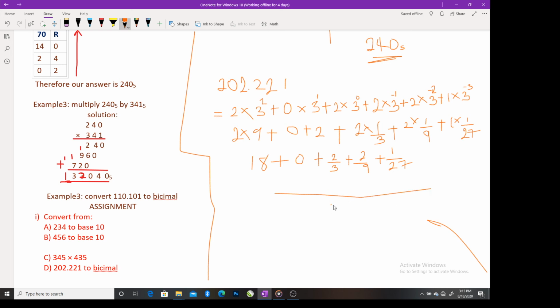The LCM of everything should be 27. 18 means 18 over 1. 0 is gone. 27 times 18 will give you 486.